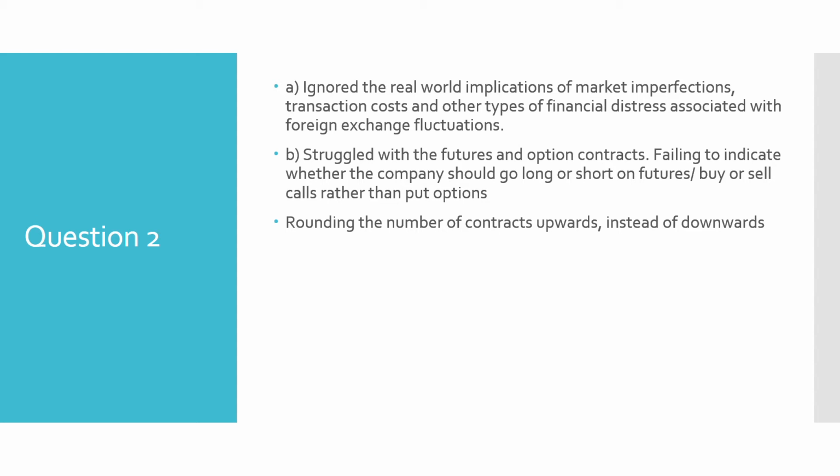Next, confusion came when calculating the closing future price. This is where most of the candidates struggled. Confusion in calculating the predicted future rate, the closing future price. You need to know how to calculate the basis risk.